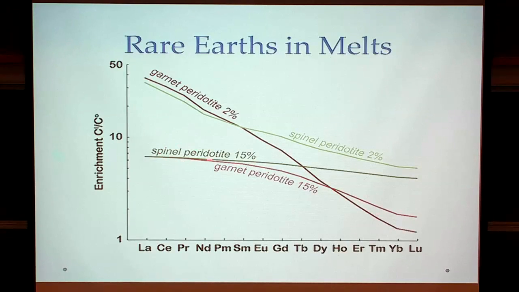The same 15% melting for spinel peridotite would look like that. 2% melting, like that. So we produce light rare earth enriched patterns by partial melting. The smaller the extent of melting, the more enrichment we get. The other thing is that the heavy rare earths actually partition into garnet and can be retained in garnet.